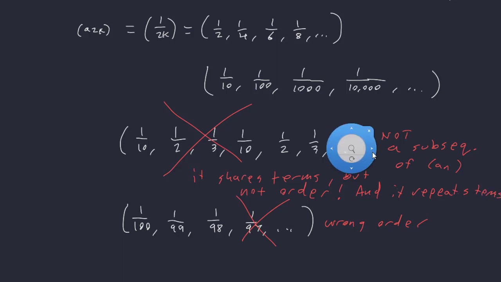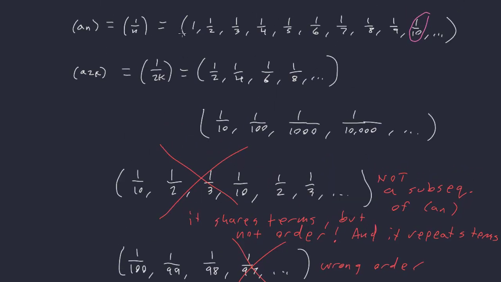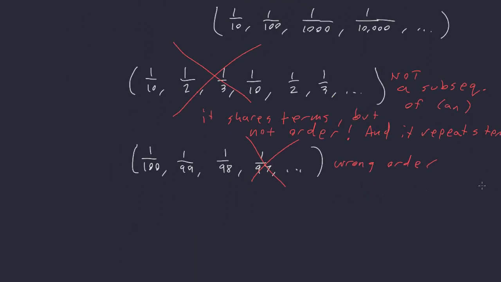So this is the wrong order, and it repeats terms. If I made a sequence that basically just doubled every term as we went along, that would not be a subsequence. So the sequence 1, 1, 1/2, 1/2, 1/3, 1/3 would not be a subsequence, because we're not holding the same order, we're not holding the same properties.